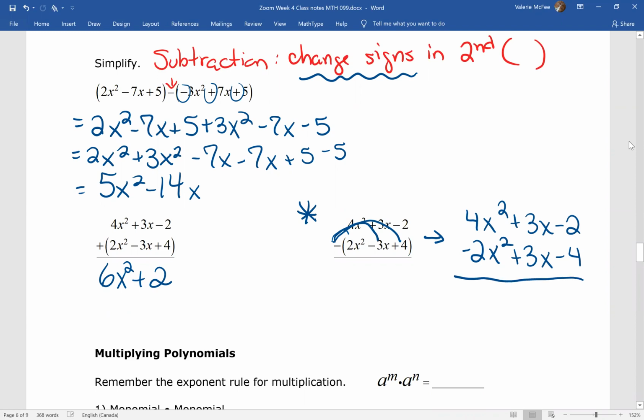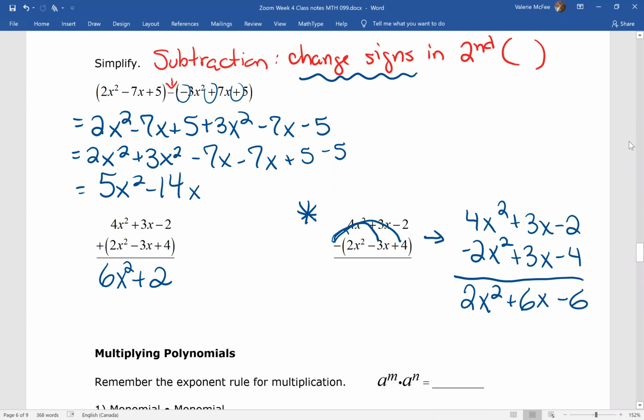Once I've opened the brackets, all I have to do is combine like terms or add. 4x squared minus 2x squared will be 2x squared. 3x plus 3x is 6x. Negative 2 minus 4 is minus 6.